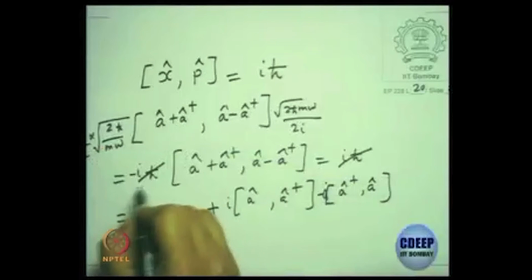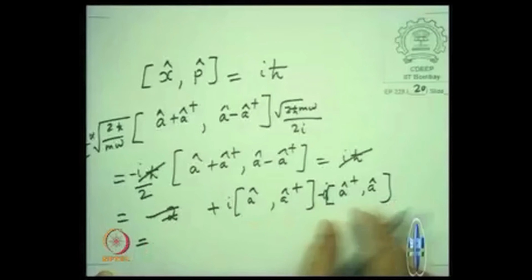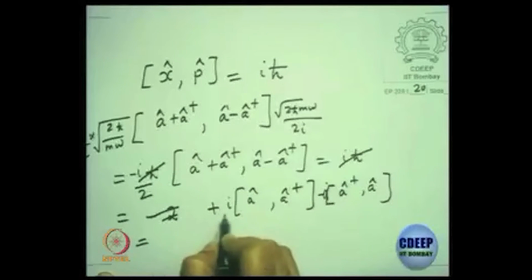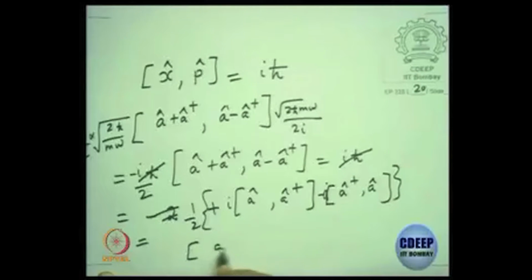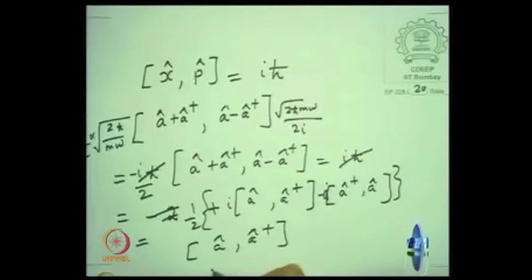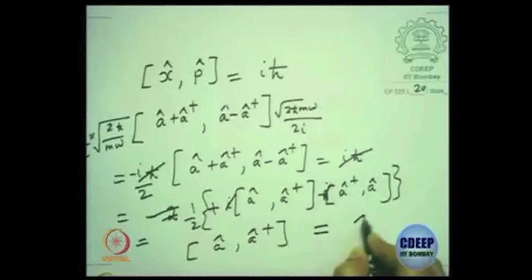Yes. Good. So there is another 2 from there. Thank you. So there will be a 1 by 2. And this turns out to be the same as this one with the opposite sign. So it becomes, there is a 1 by 2 here. So that gives you A dagger, the 2 cancels. I also cancels, right? Why did I keep the I? I got cancelled, I thought. I got cancelled. And this is 1.